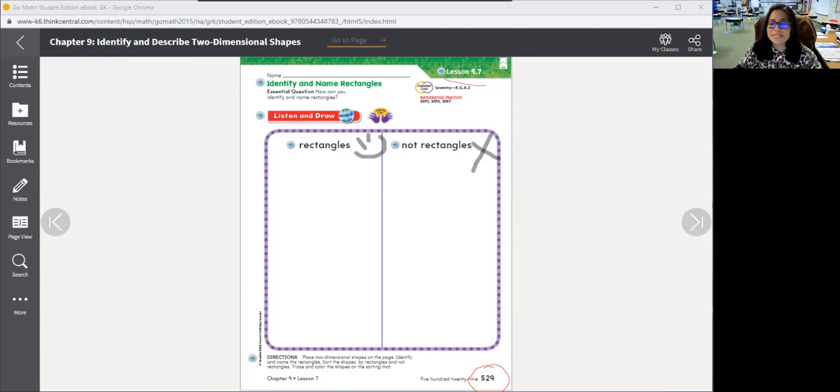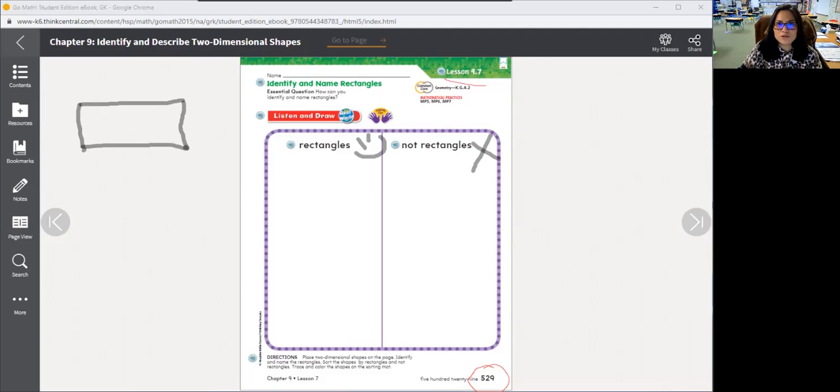But first, I'm gonna tell you how you can identify a rectangle, okay? So the first thing is that a rectangle has 4 sides, okay? Nice straight lines, 4 sides. So it has one, oops, let me draw that a little better because that was not pretty. 1, 2, 3, 4.